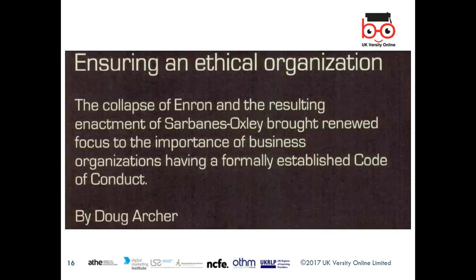Okay, then when we look at the ethical organization, I'm not sure if you have heard about Enron. Enron was quite a big American company, dealing in gas, electricity, and various other energy generation. They showed a profit of £1 million this year, attracting a lot of invested money, but after a few months they couldn't afford to pay salaries to their workers.